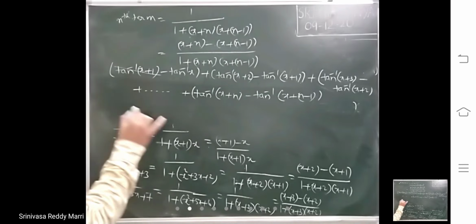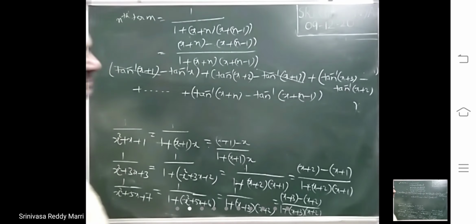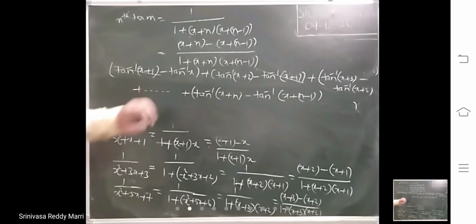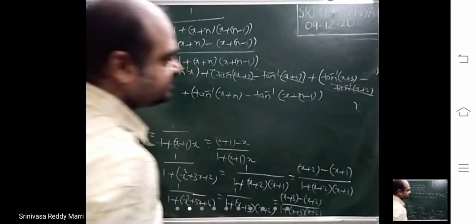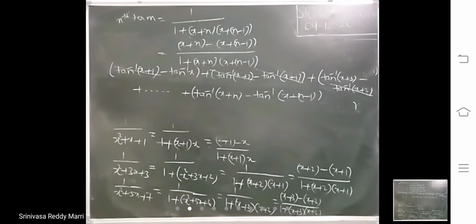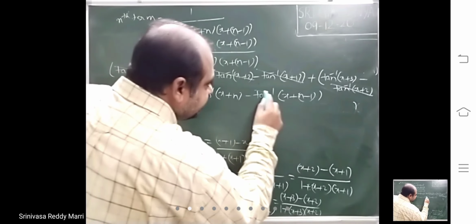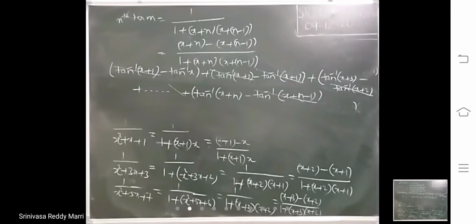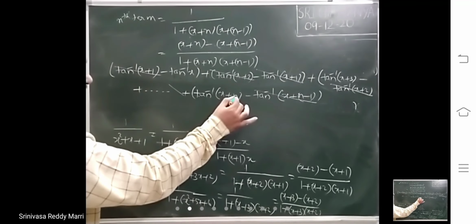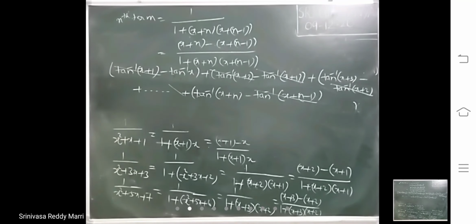Now you can observe these terms will get cancelled. Tan inverse (x plus 1) and tan inverse (x plus 1) will get cancelled. Tan inverse (x plus 2) and tan inverse (x plus 2) will get cancelled. Like that, every term will get cancelled. What will be remaining? The last bracket's first term and the first bracket's last term.